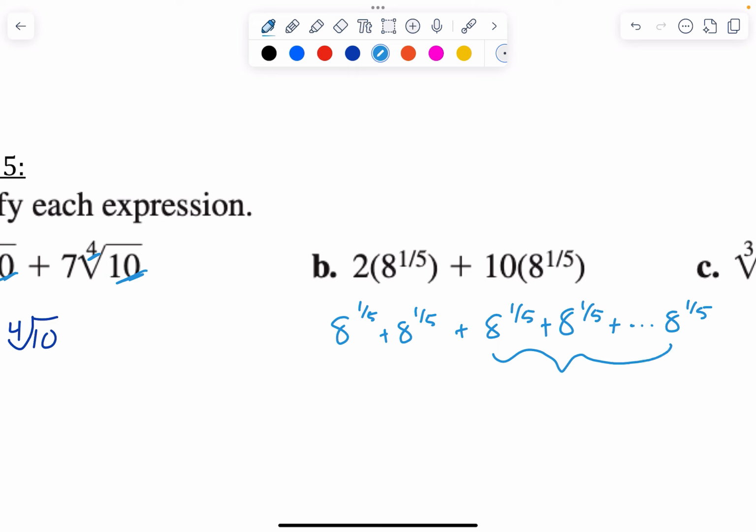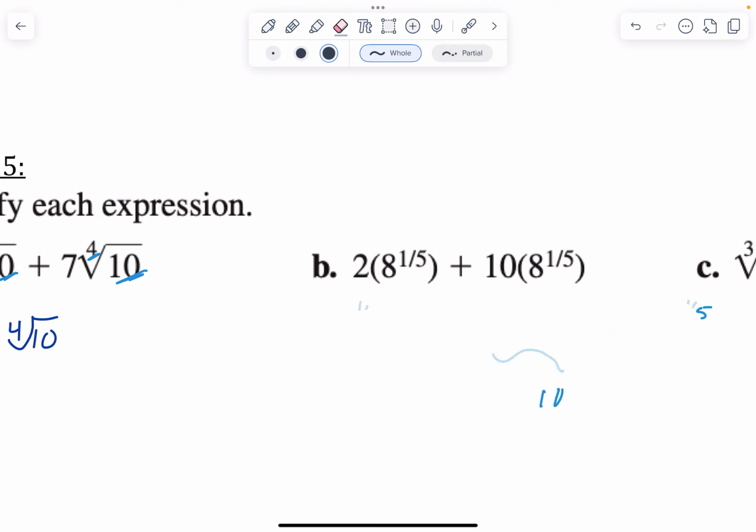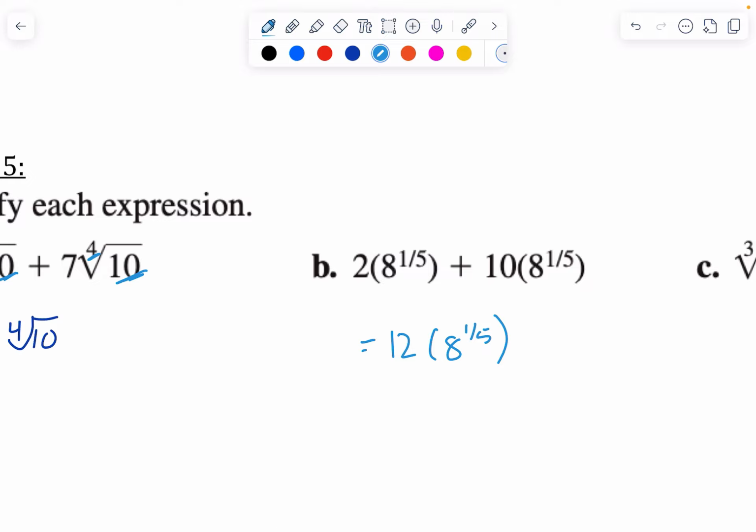Following? So in total, how many do I have? I have 12, okay? I have 12 8 to the 1/5 powers. If you wanted to convert it to radicals, that might make it easier for you to see, but it doesn't matter as long as you understand the concept, okay?